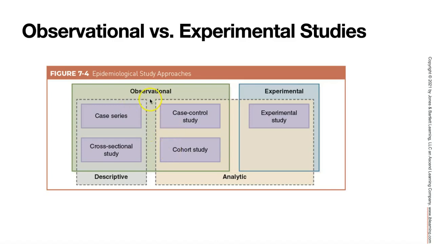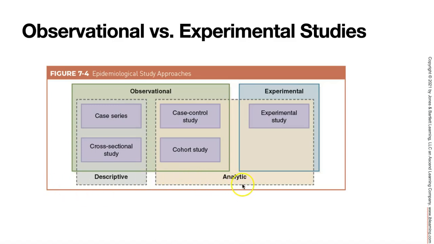Now you see we have another box for categories here. We have descriptive and analytic, and these are other categories that describe either an observational study or an experimental study. Descriptive studies have no comparison groups. Descriptive studies, which include the case series or the case study and the cross-sectional study, merely observe something and then report what was observed.